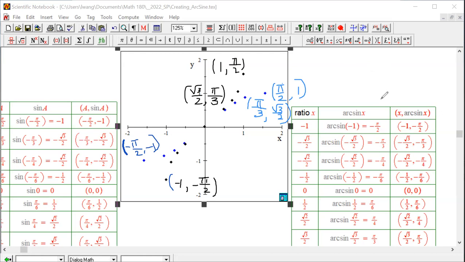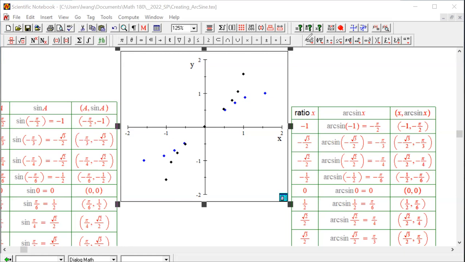I'm going to continue to mark, but I need to clean it up because I need space to write it down. So we've done 1, 2, 3, 4, 5, 6 points. I'm going to clean it up because you can always pause and come back to watch it. So next, this black dot is on the arcsine.